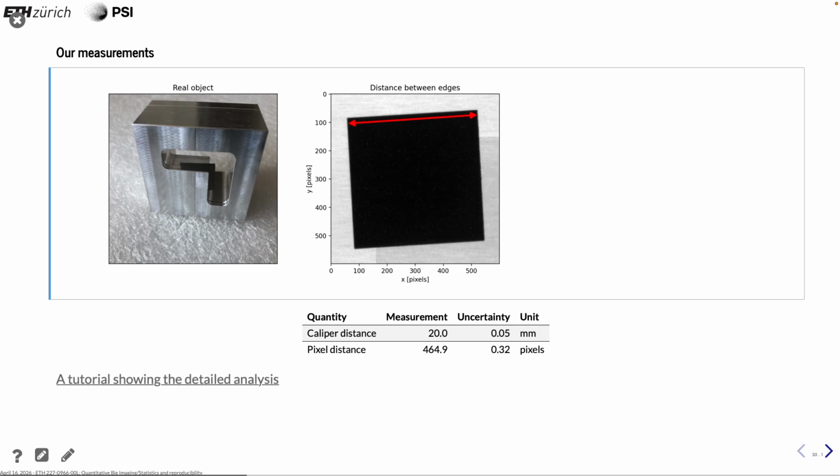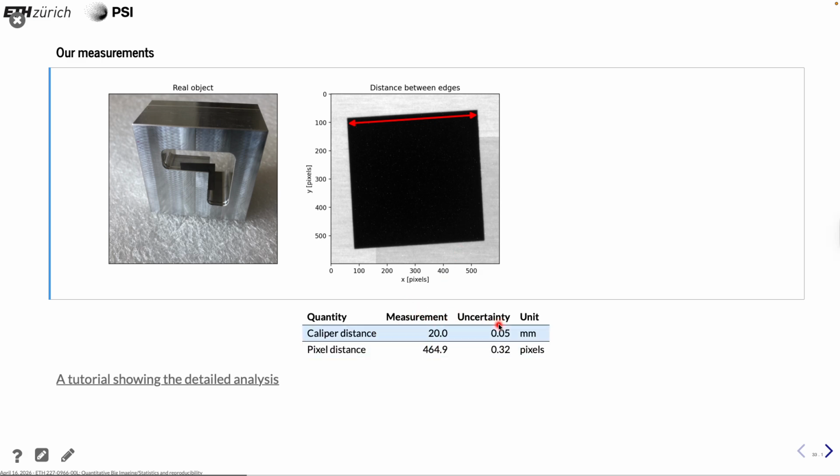So what we have is a test object, and what we do is take the caliper and measure this little black piece here. It's very absorbing and very thin, so you don't get much edge uncertainty. Then we make an image and measure the distance between the two edges within the image. I get some different measurements.